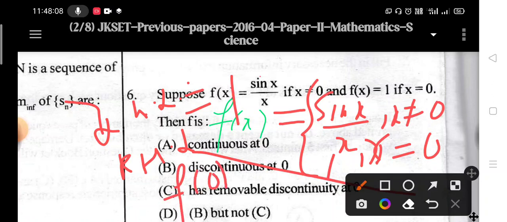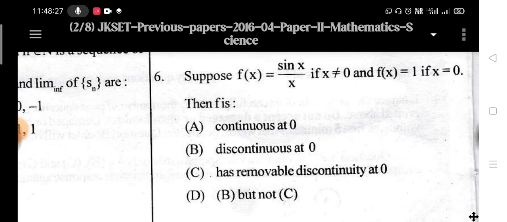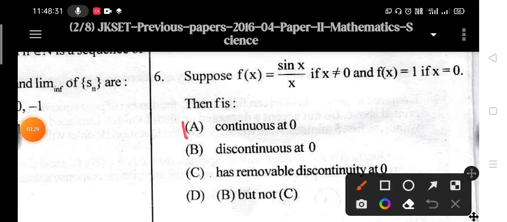That means left hand limit and right hand limit both exist at 0, both are equal to 1, and this is also equal to the value of the function at 0, which is given to be 1. So one thing is very much clear, that this function is continuous. So what we can say is that this function is continuous at 0.